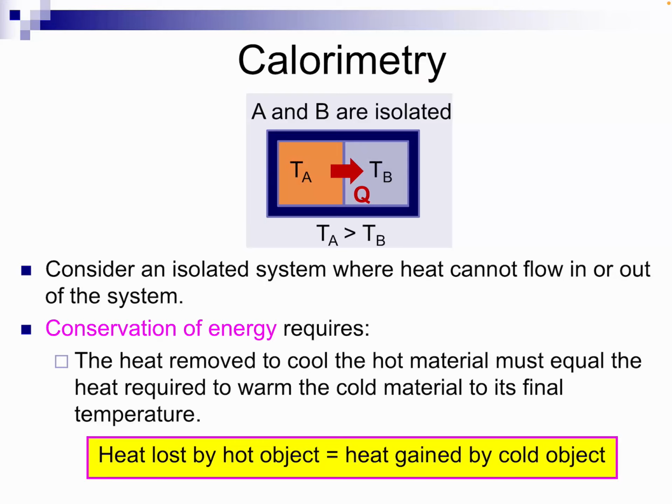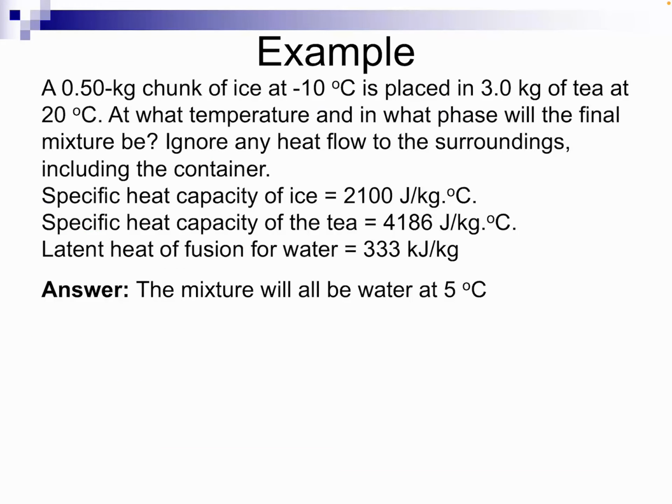So calorimetry is just a term referring to the conservation of energy, where heat lost by the hot object is equal to the heat gained by the cold object. We can use that concept together with sensible heat and latent heat to solve a wide range of more complicated problems. For example, in this question, you have a 0.5 kilogram chunk of ice. It's initially at negative 10 degrees Celsius, and it's placed in 3 kilograms of tea.